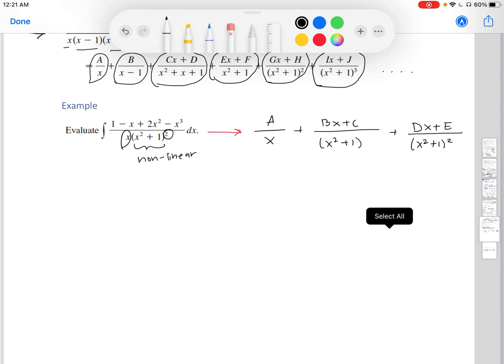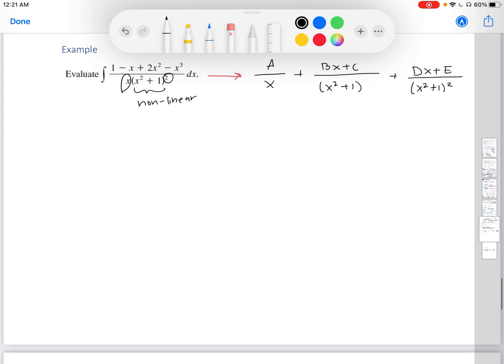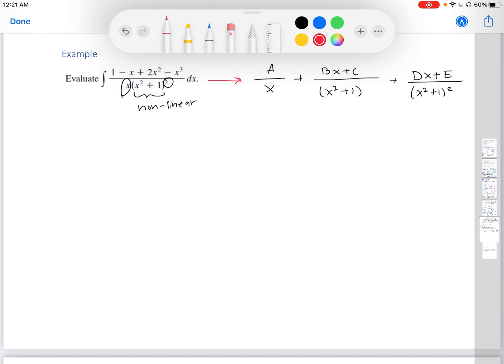All right, let's go ahead and set up our partial fractions.